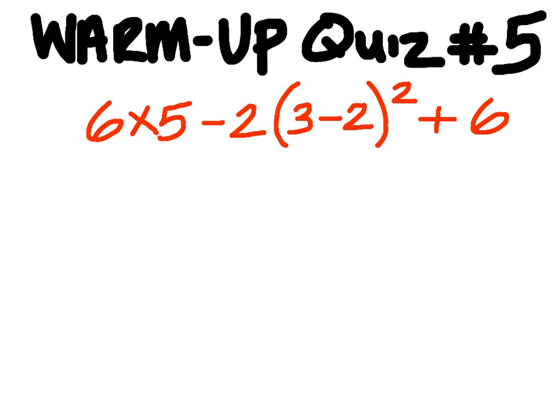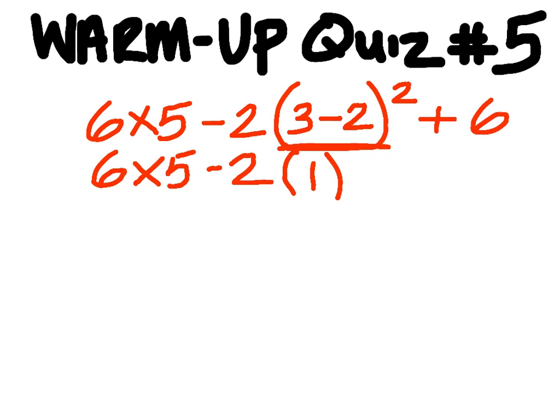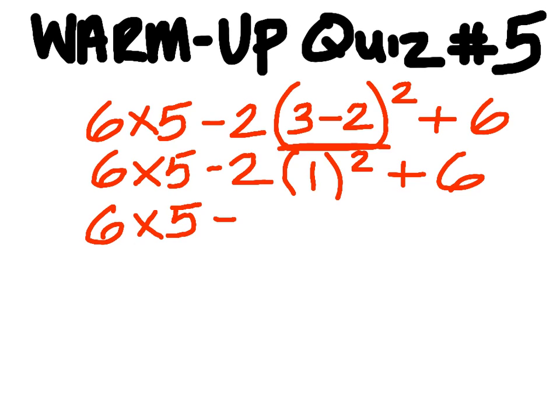Alright, here's the solution. Go to the parentheses first and do 3 minus 2, which is 1. Now 1 squared is not 2. When you square something, you multiply it by itself. So 1 squared is 1 times 1, so you just get 1.